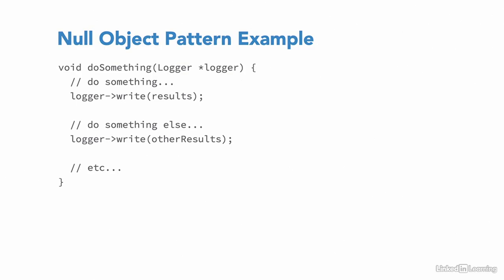And we want to allow whatever code is using this class to write the progress of this process to a variety of different places, right? So maybe we want to write the results to the console, maybe we want to write it to a file, to an API, or so on. Or if they didn't care about the results, they could simply specify no logger at all.